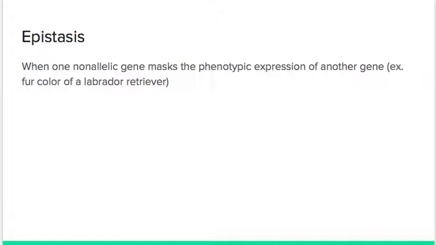So we have two genes that are interacting to determine its fur color. One gene we're going to call A determines fur color. So capital A is dominant to lowercase a.